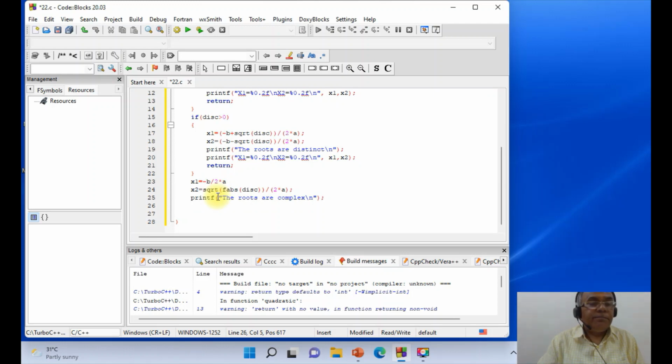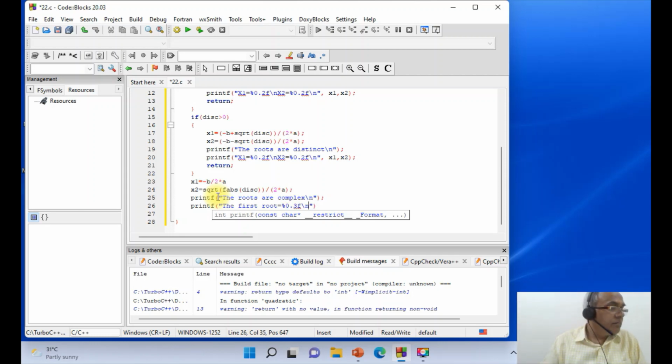Then printf the first root equals %0.3f plus i %0.3f \n.